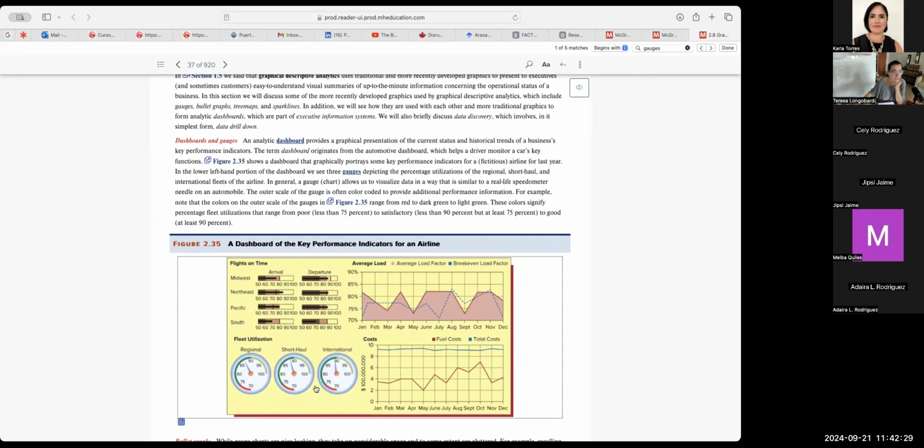The outer scale of the gauge is often color-coded to provide additional information. For example, note that the colors on the outer scale of the gauge range from red to dark green to light green. These colors signify percentage fleet utilizations. Okay, so what was the question?